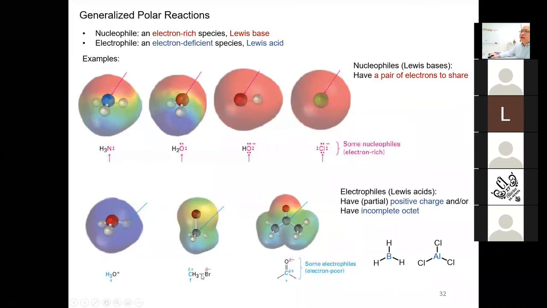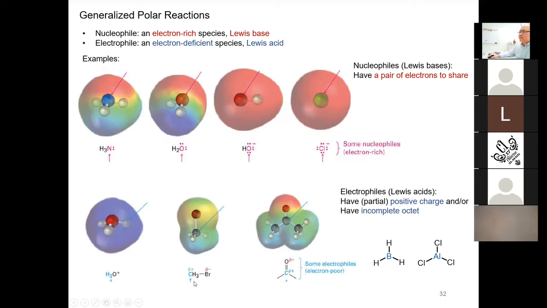For example, we just learned that because a halogen is more electronegative than carbon, it draws electrons to the bromide, and this carbon has a partial positive charge, which is ready to accept electrons from other species. Then this is an electrophile. And this carbonyl, which is C double bond O, because the O is electron withdrawing, the carbonyl carbon has a partial positive charge and can accept electrons.